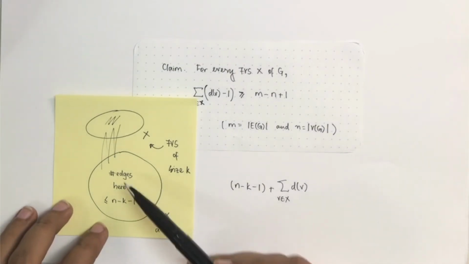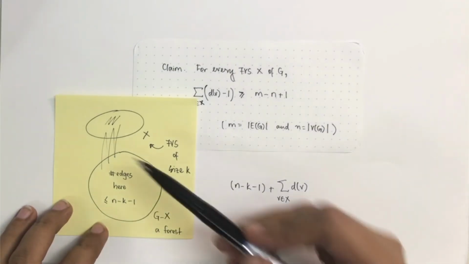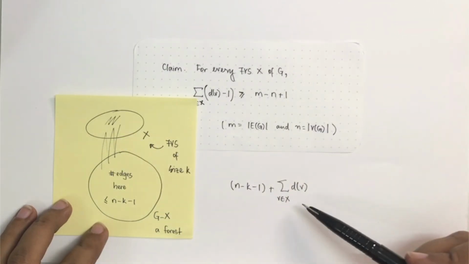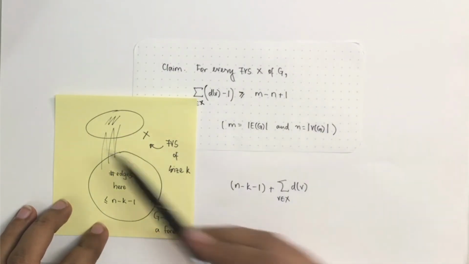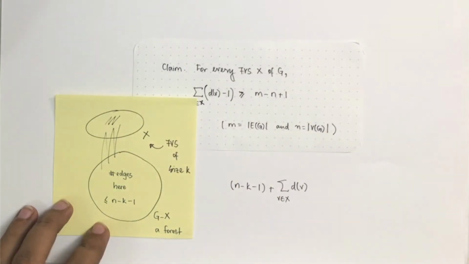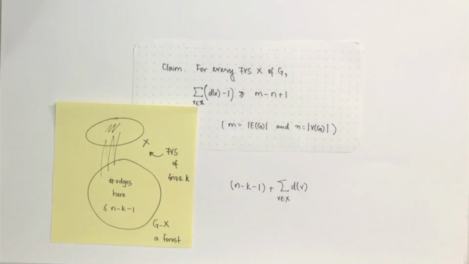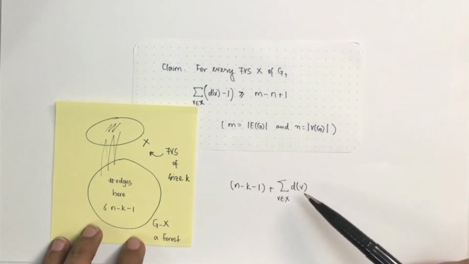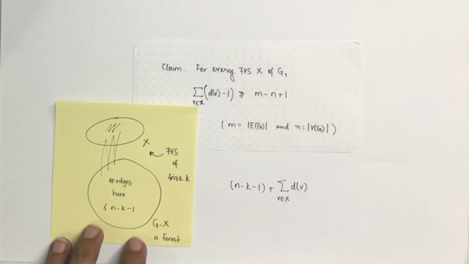The edges in the forest get counted exactly once here. The edges that have one endpoint in the forest and one in the FVS get counted exactly once when we sum over the degrees of all the vertices in X. And every edge that has both of its endpoints inside X gets counted twice. Let's say you have an edge uv with both of its endpoints u and v belonging to the FVS. Then when we think of the degree of u, that edge gets counted once, and when we think of the degree of v showing up in the summation, then that edge gets counted again.